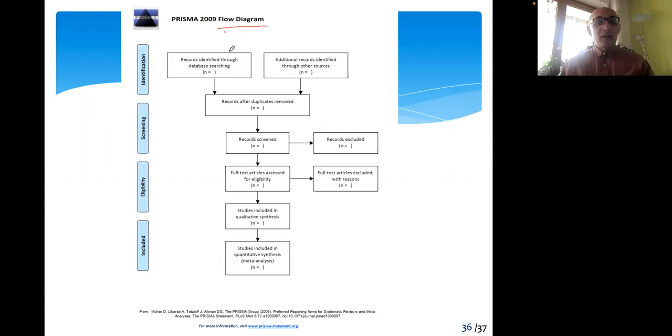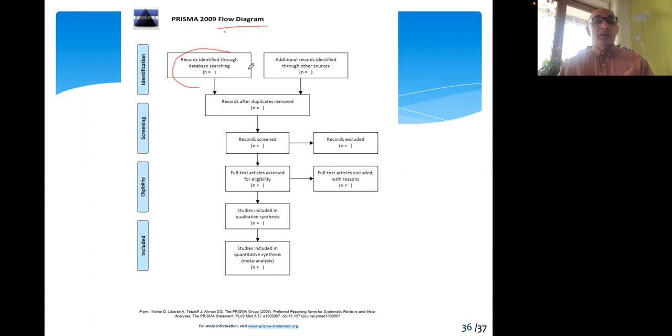Records identified through the search, how many studies you found, how many you found other than by the search, through maybe forward reference search, etc., or searching the gray literature, as they call it, and how many of them you screened and excluded, and how many at the end were included in your systematic review or meta-analysis.